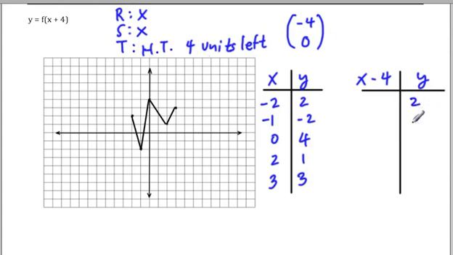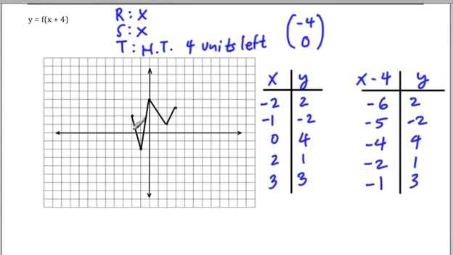So let's just write all the y's, 2, 4, 1, 3, and all of these x's would be subtracted by 4. So -2 minus 4 is -6. -1 minus 4 is -5. 0 minus 4 is -4. 2 minus 4 is negative 2, and 3 minus 4 is negative 1.